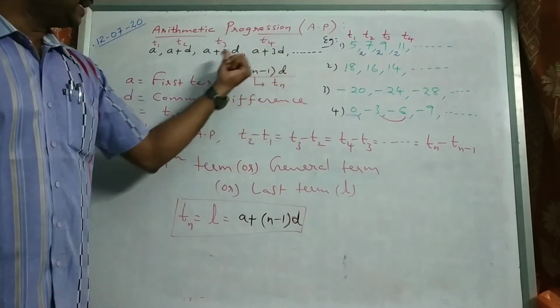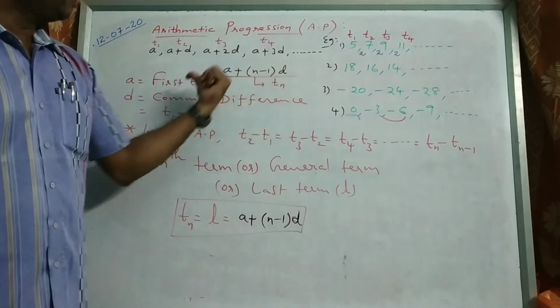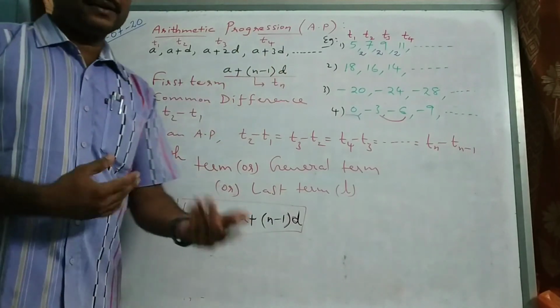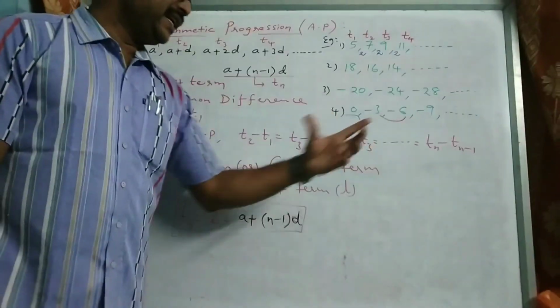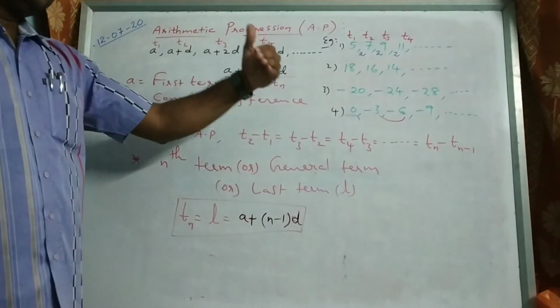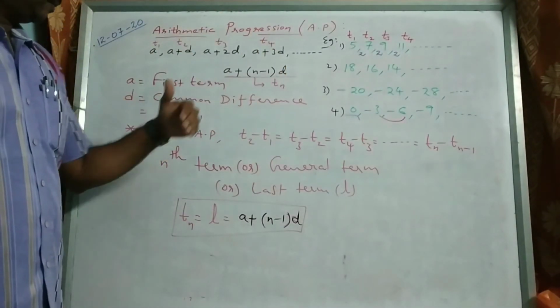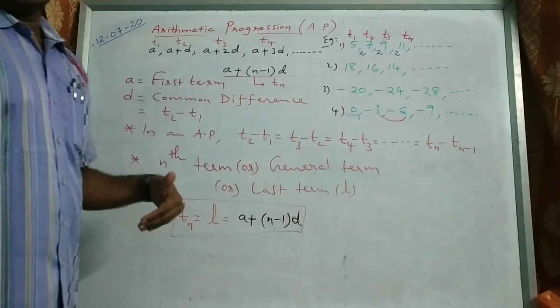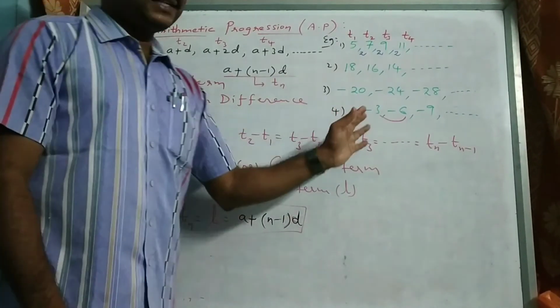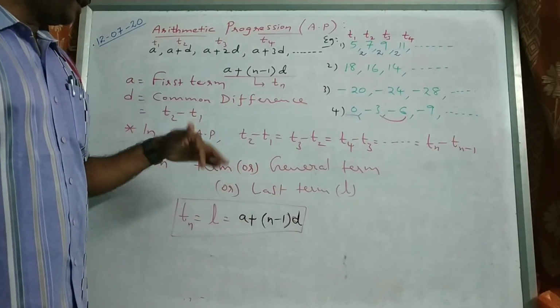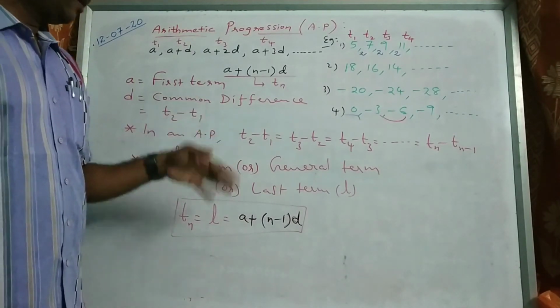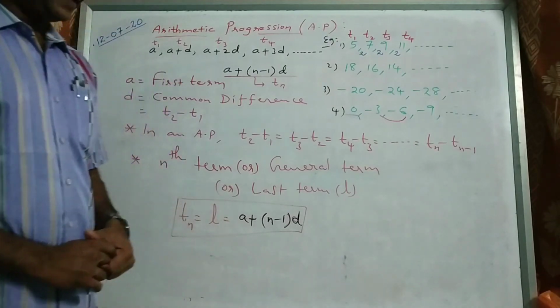By using this formula, we can find any term. In an AP, the common difference is equal: second term minus first term, third term minus second term. Everywhere the common difference is equal. To recognize whether it is an AP or not, the common difference should be the same.